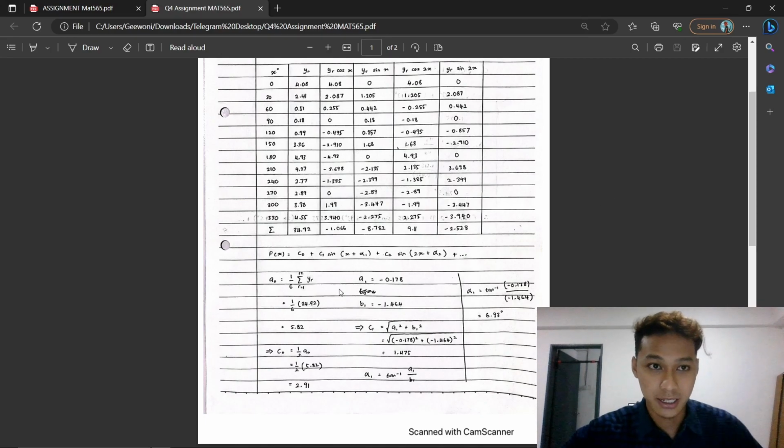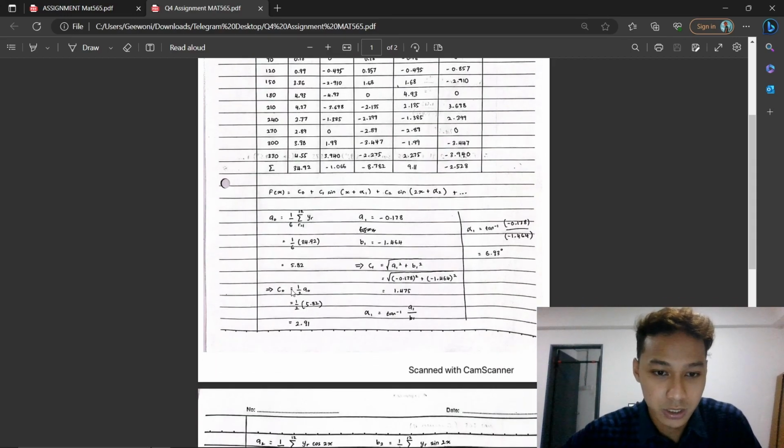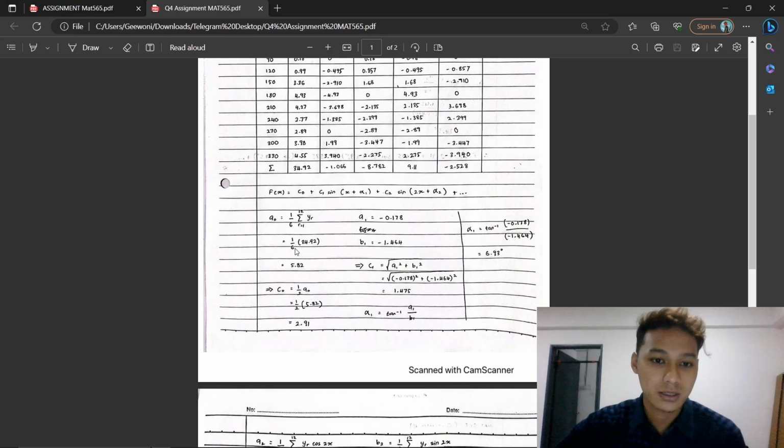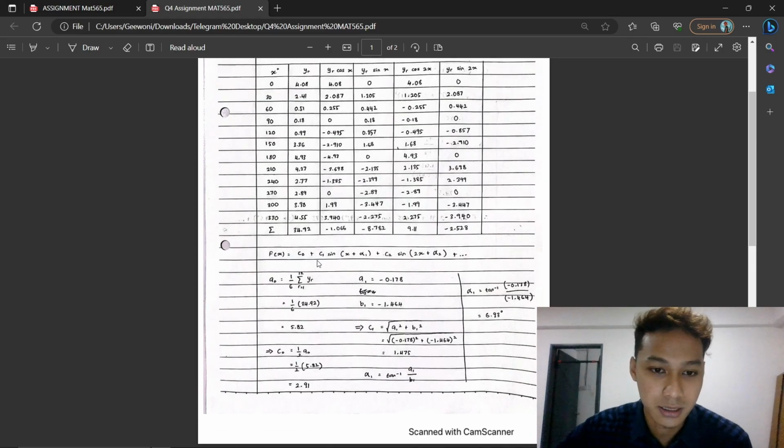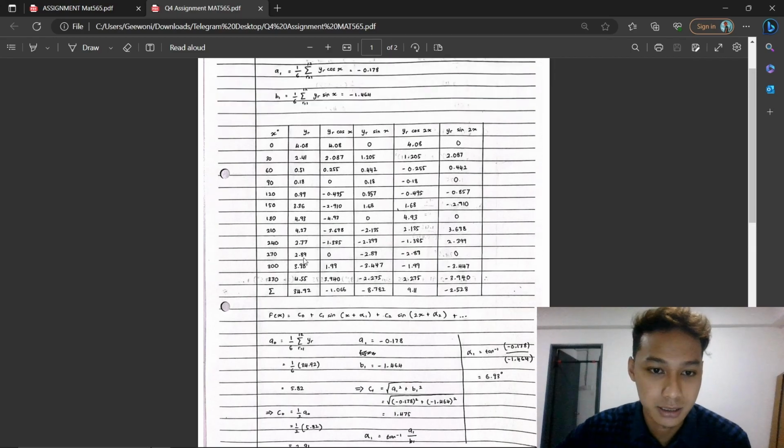So as you can see here, this is the Fourier series equation. We need to find C0 right now. The formula for C0 is 1/2 A0, and the formula for A0 is 1 over 6 times the summation of 12 when r equals 1, of y_r. So y_r we can get from the table above, that is 34.92.